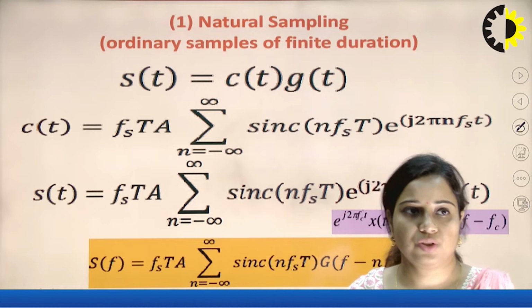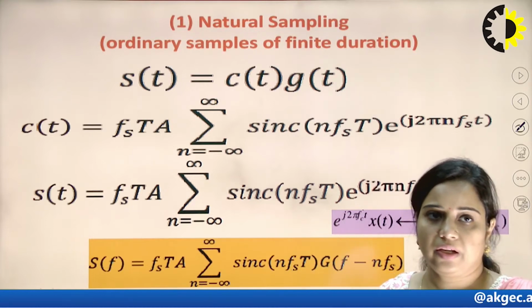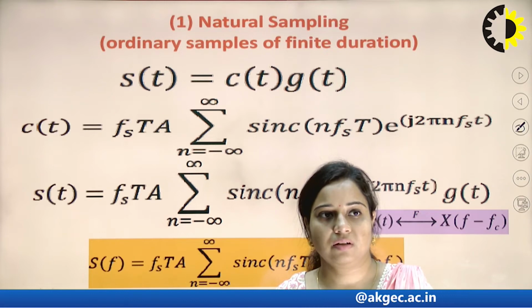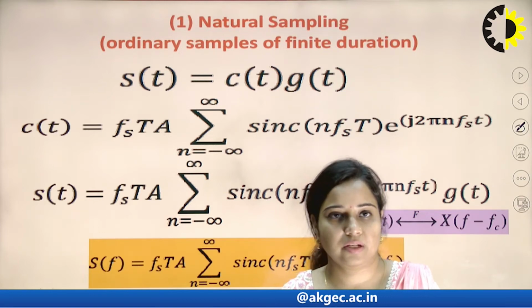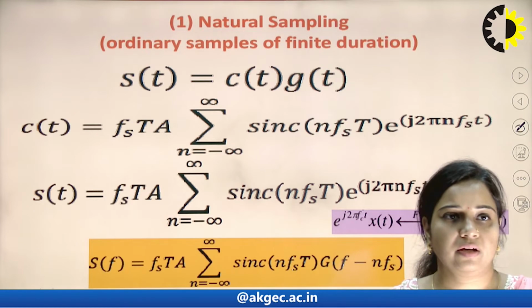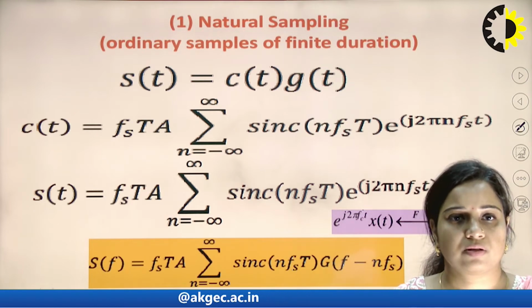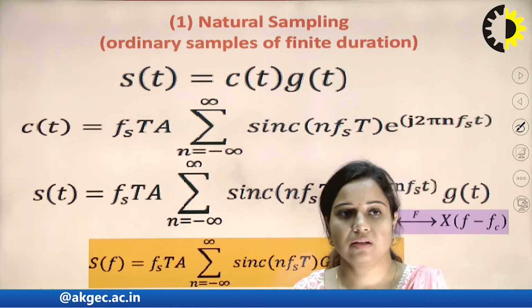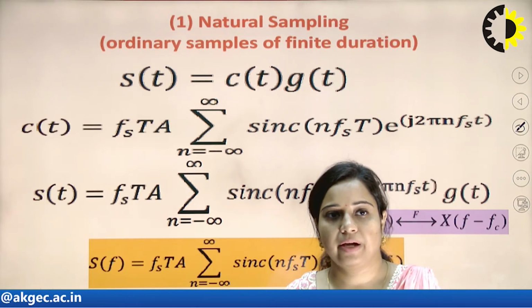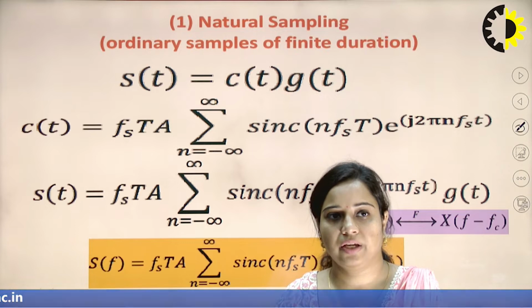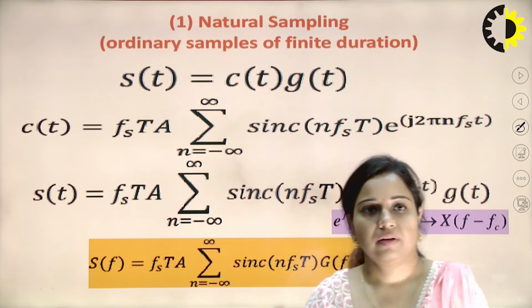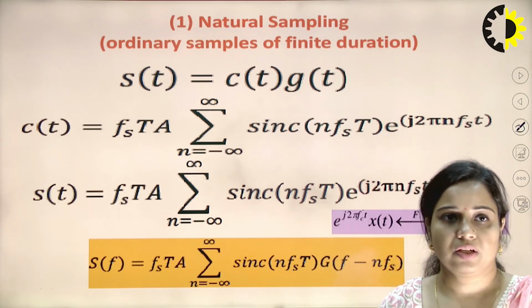Natural sampling continued: when we derive the equation s(t) equals c(t) into g(t), c(t) is a continuous time signal represented by a train of box waveforms, box gates. That is denoted by a sinc function in the frequency domain when we represent it using the Fourier series.